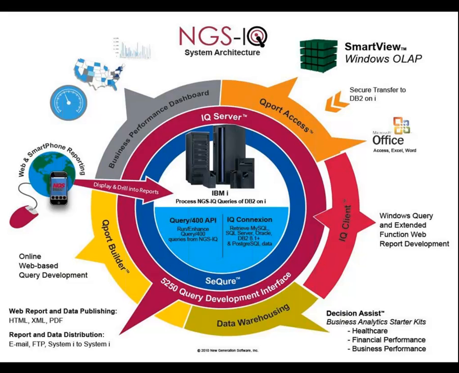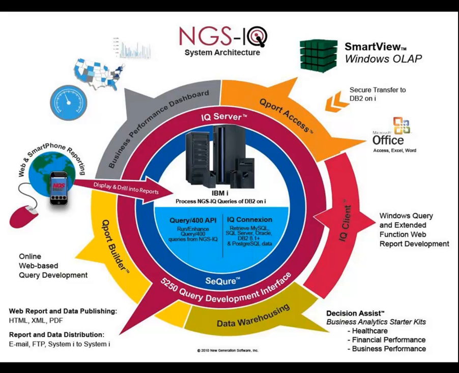Within that environment, we have several modules. The ones at the center here are the security module and our IQ Server module that run natively on the IBM i. That's also where IQ Connection, our remote database access module, resides if you have that licensed. Basically that is the engine behind everything we do.